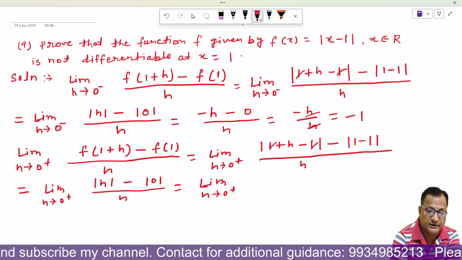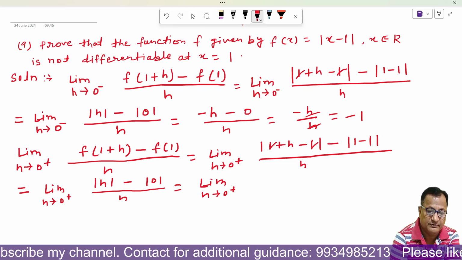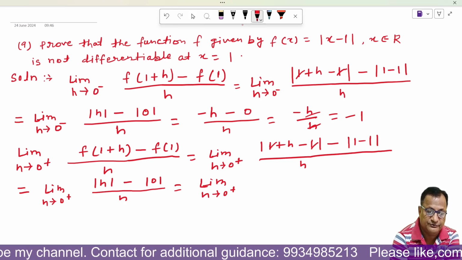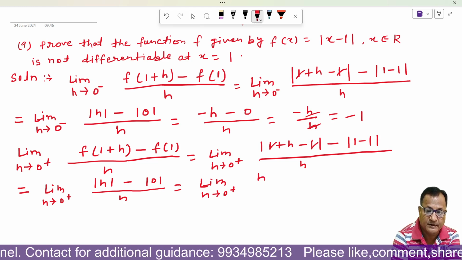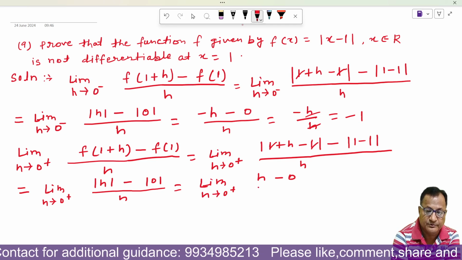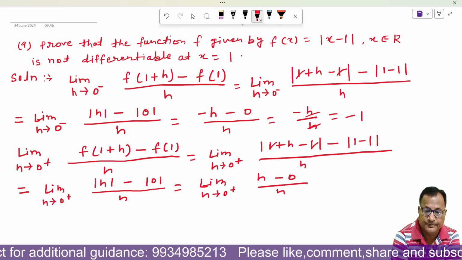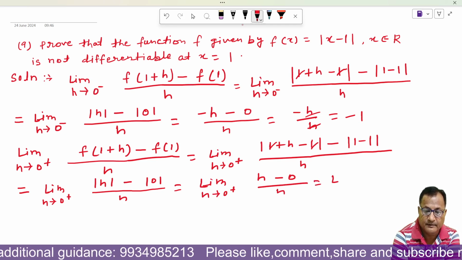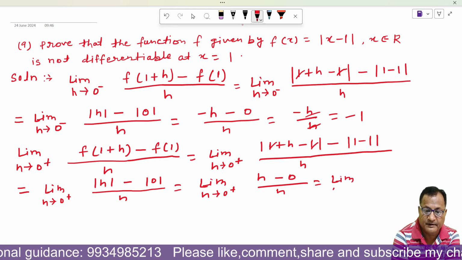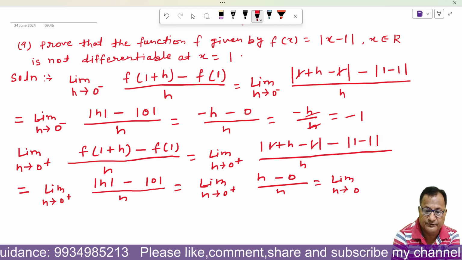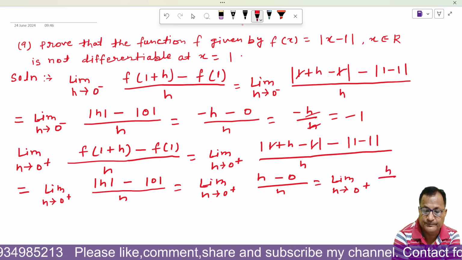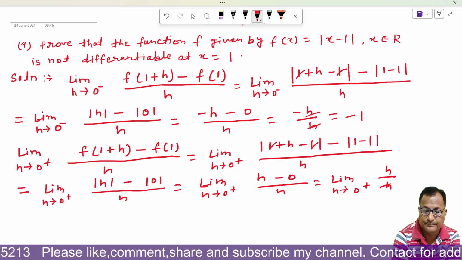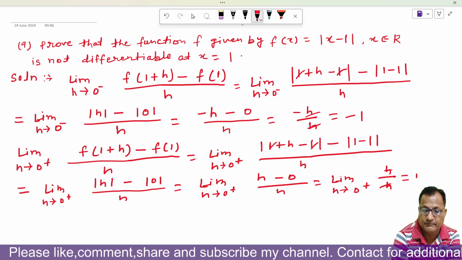Because h is greater than 0, this will be h minus 0 divided by h, is equal to limit h tends to 0 plus, h by h, this will be 1.